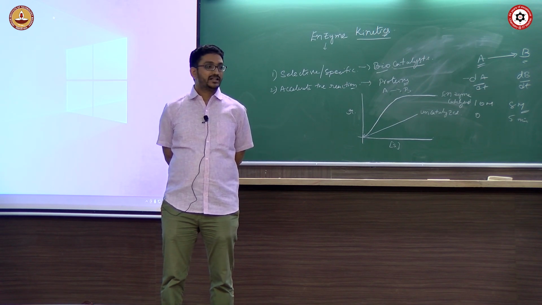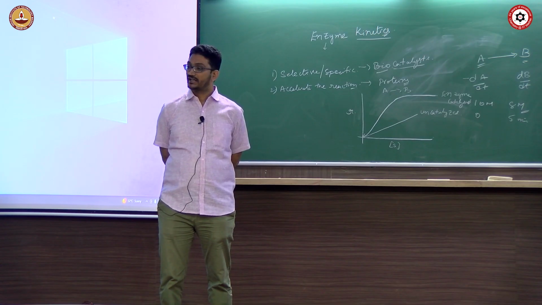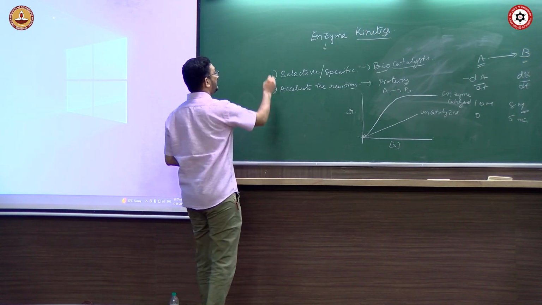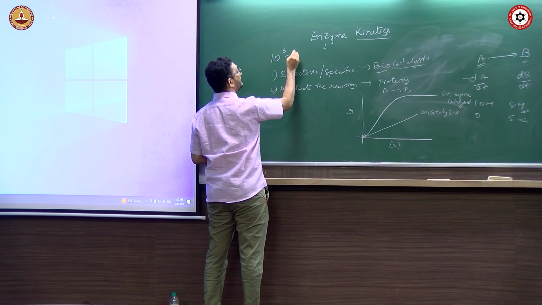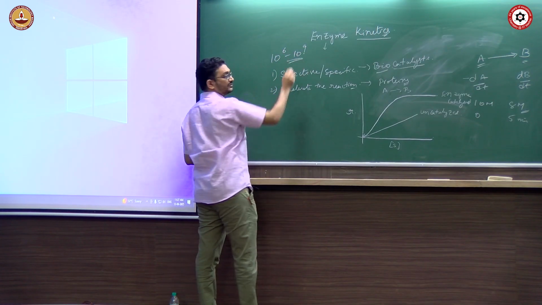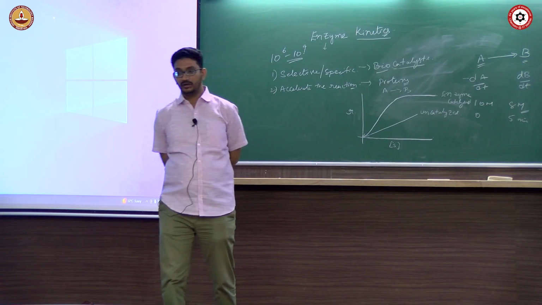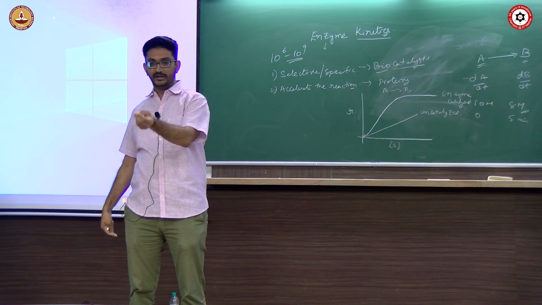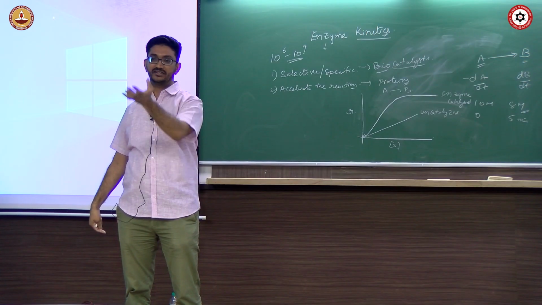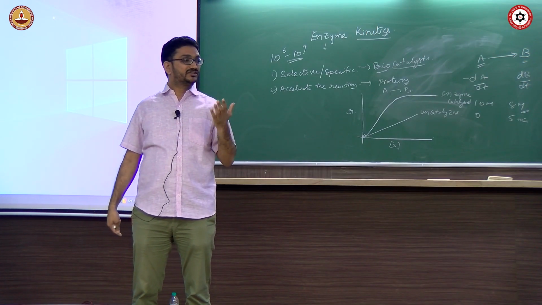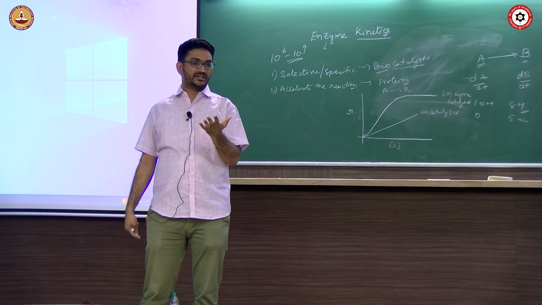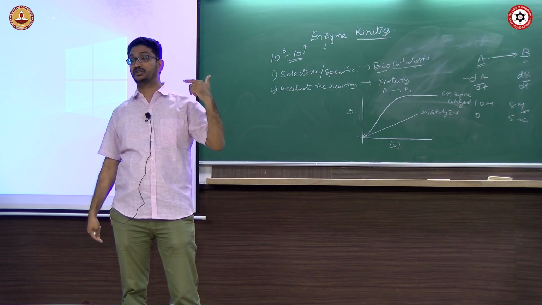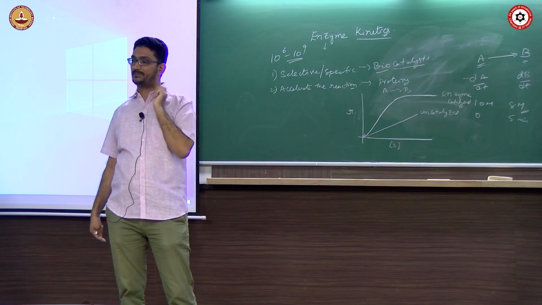A catalyst can increase the rate of reaction 10 times, a catalyst can enhance the reaction rate by 100 times or something, but enzymes generally enhance the reaction rate by 10 power 6 to 10 power 9 times. That means a million times to 10 power 9 times. That means if the same reaction you want to do in an RB flask in a lab takes 1 second, an enzyme can do it in a microsecond. That means it enhances the rate of the reaction so many times with high specificity.